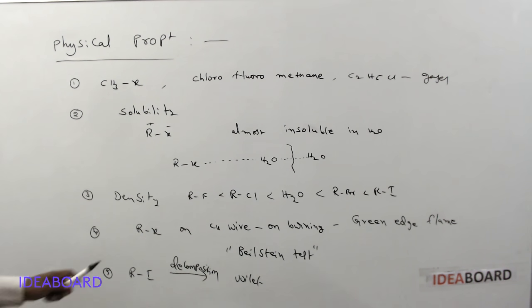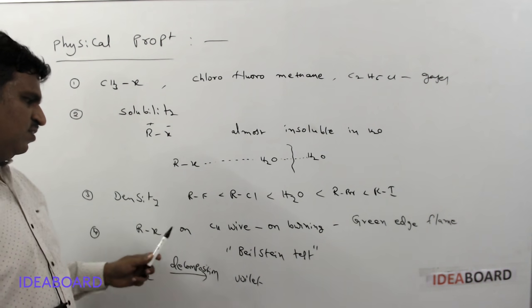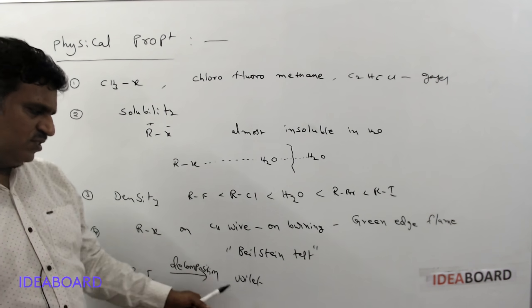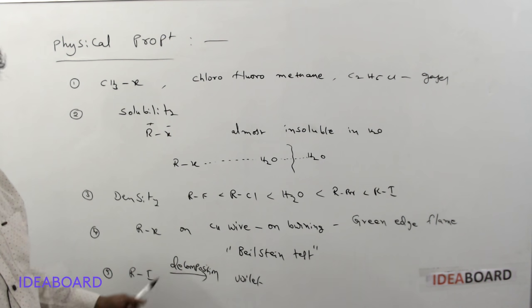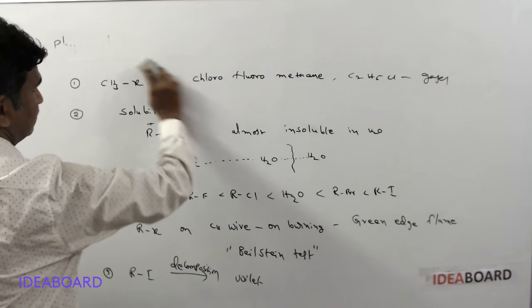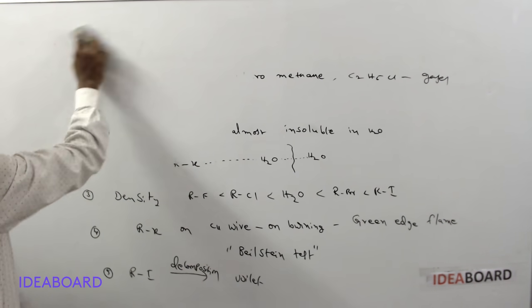So alkyl halides give a green edge flame on burning with copper wire, and alkyl iodide on decomposition in light gives a violet color. Okay, next point.